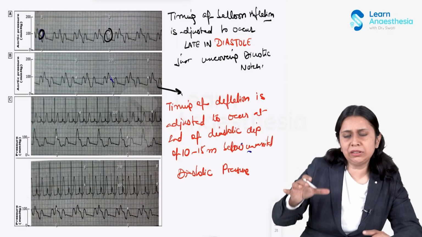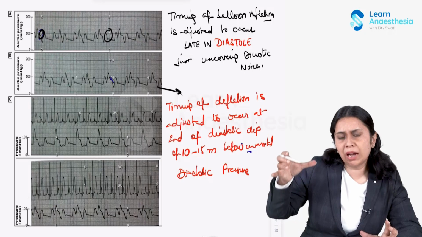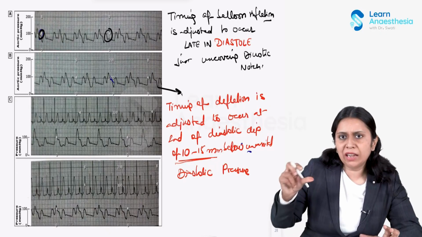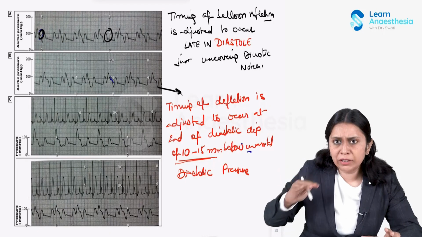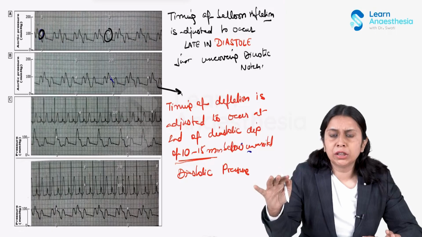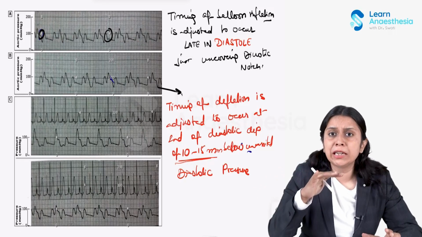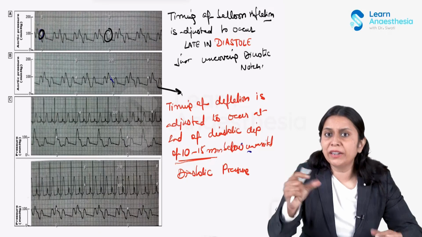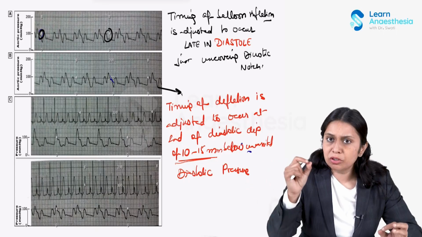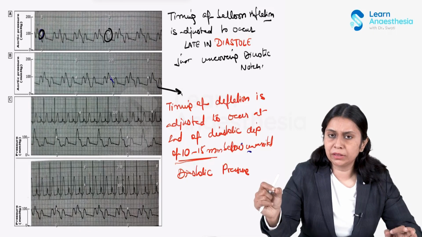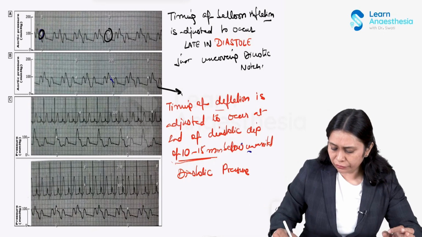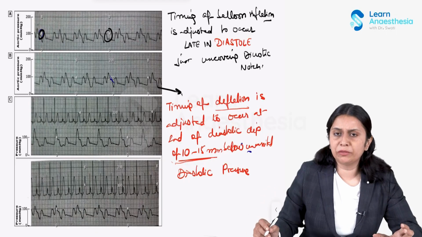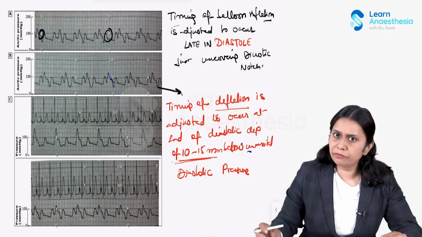At that point, the deflation happens for giving the maximum benefit, affecting the systolic pressure of the patient. So systolic pressure would be maximally affected when we time the deflation at the diastolic dip of 10 to 15 mm of Hg. So timing is very important.